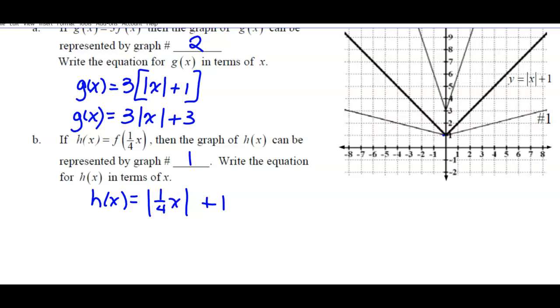You're just replacing x with something. Whether you have function notation or the actual equation of the function, like, let's say f of x was x plus 2, it could still be 1/4 of x plus 2. Let's say f of x was 4x to the 10 minus square root of x. You replace every x with 1/4 x.